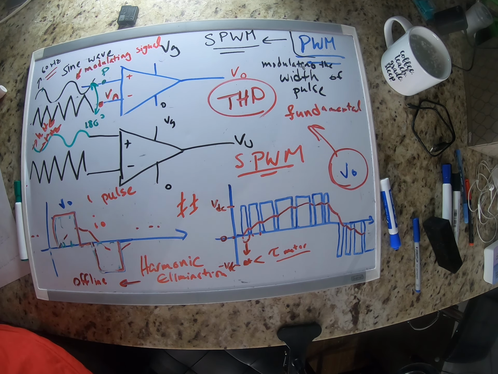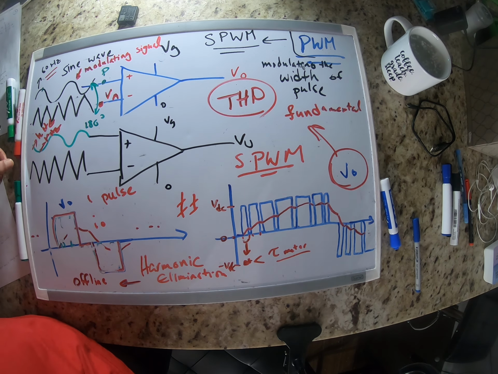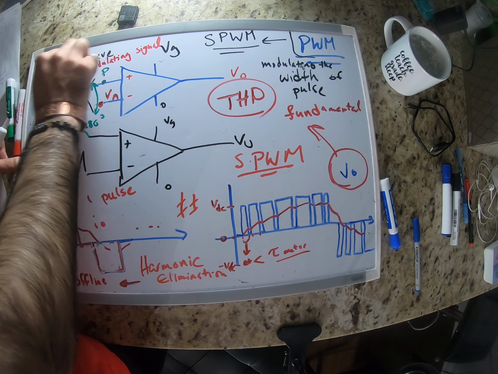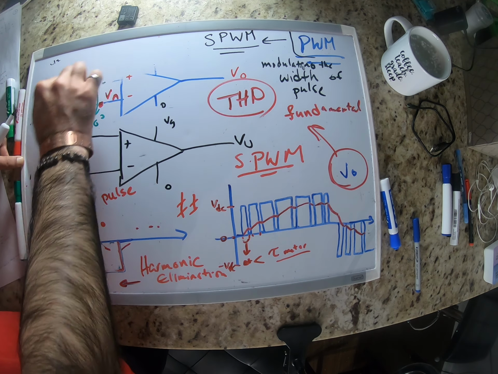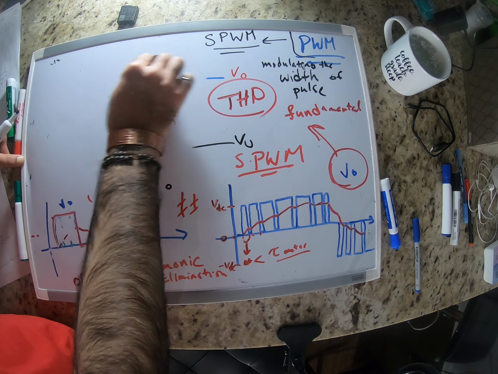Why do we use switches, or why do we provide gate signals to turn the switches on and off? Basically what I'm asking is, why don't we just use the microcontroller to turn the switches on and off instead of providing gate signals?